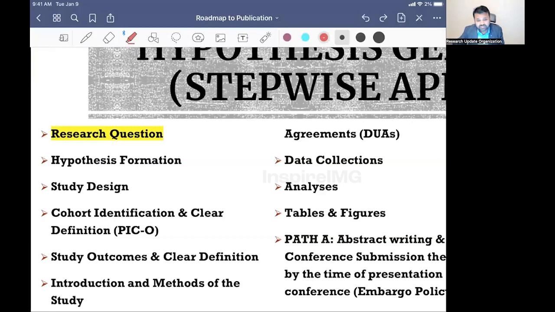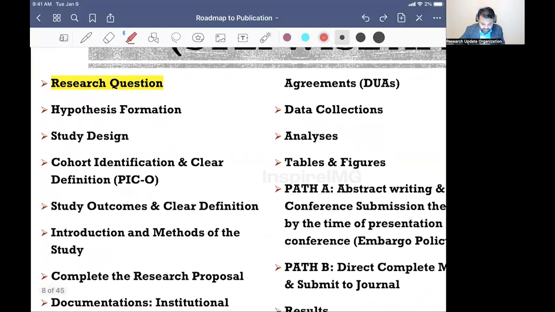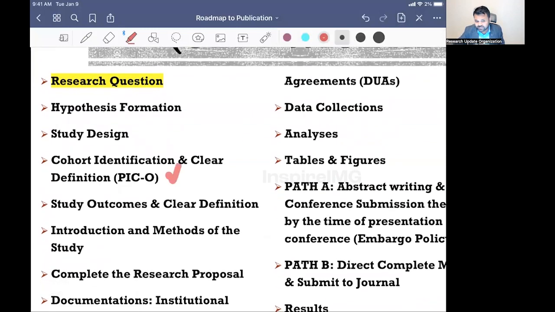So all research questions need to be identified in advance. Then hypothesis generation, then study design. We find out what type of study we would like to plan. Then we have cohort identification, population identification, intervention identification, comparison identification, and outcome identification.